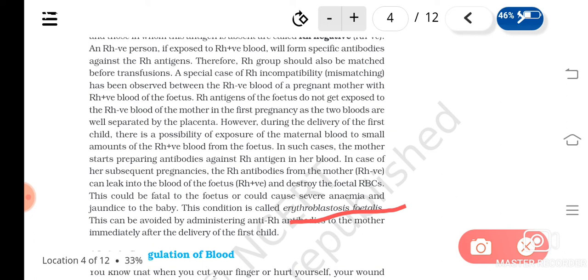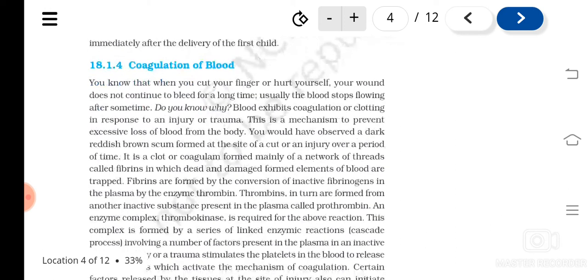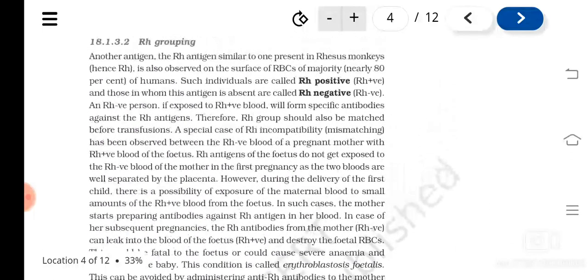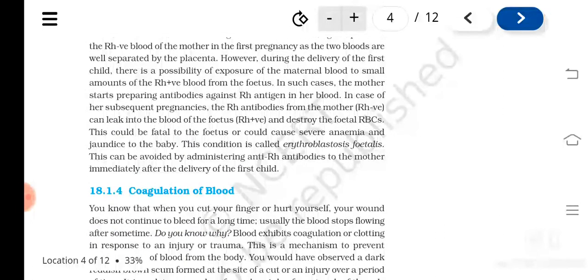The antibodies will remain in the body of the mother, and during the next pregnancy, these antibodies will diffuse into the baby's body, and that can cause coagulation. Understood? So this condition is known as erythroblastosis fetalis.